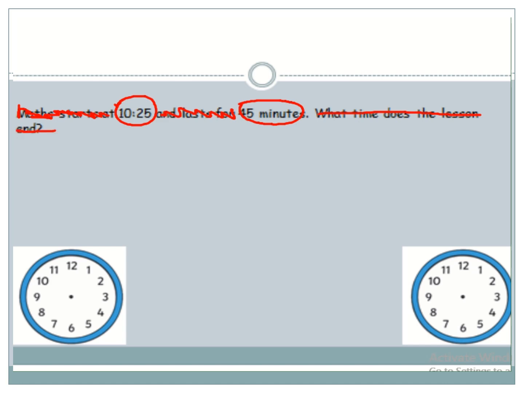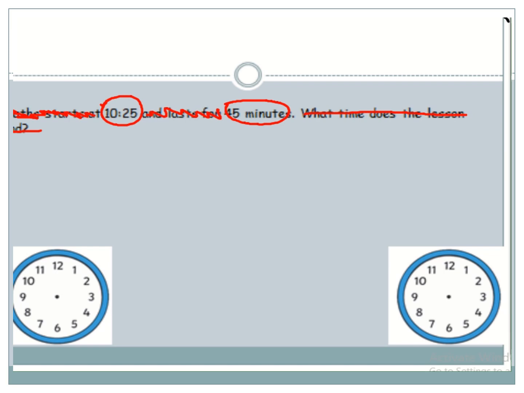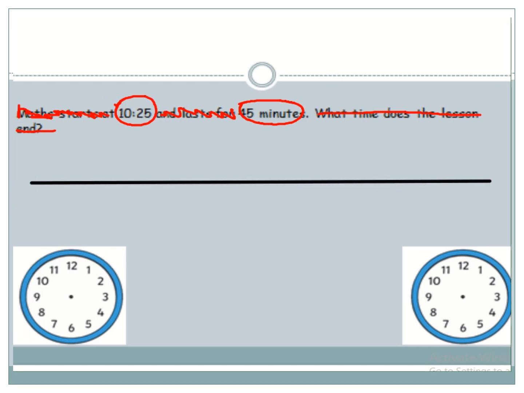So what I'd like you to do is use a number line to work this out. So the ruler, you will draw a number line. And we know that, still getting used to this board. This here is 10:25.